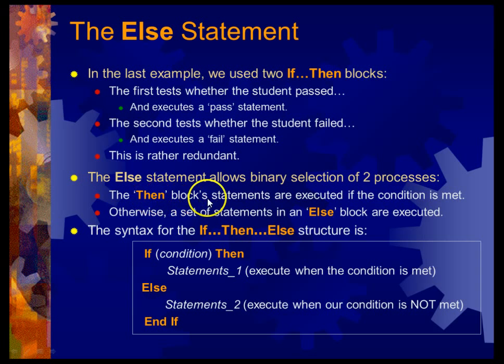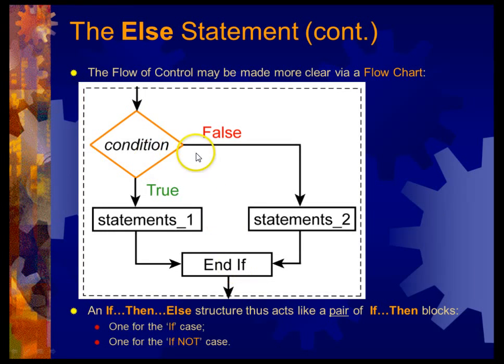The then block's statements are executed if the condition is met. Otherwise, a set of statements in an else block are executed. And this is the syntax. Means that's how you write it in Visual Basic. Okay, and this is the way it works.